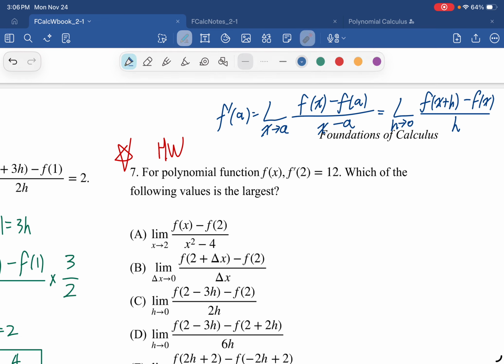These are the 2 most common forms. But in the end, I told you that whatever goes inside these brackets, as long as they are matched in the denominator, it becomes an f of large A minus large B scenario.